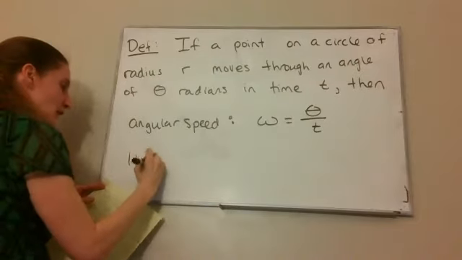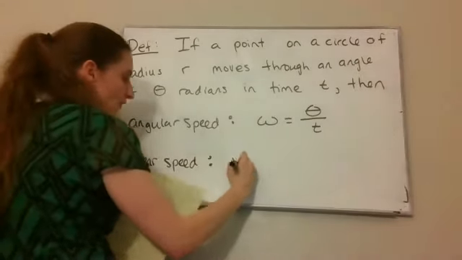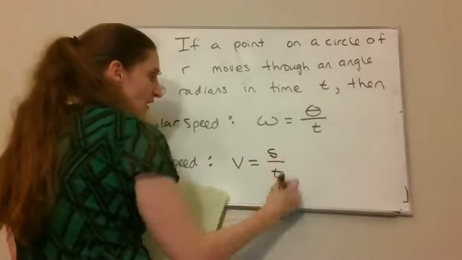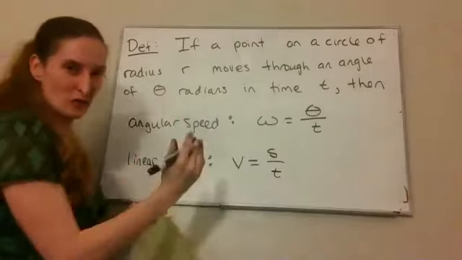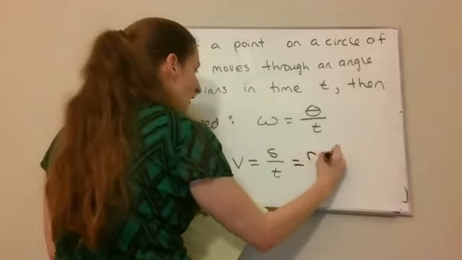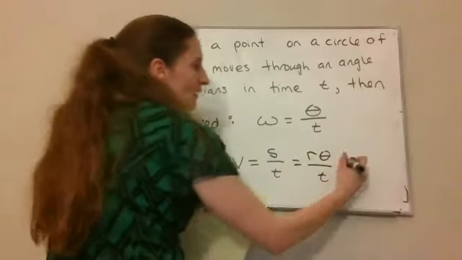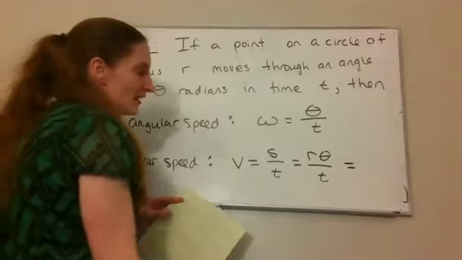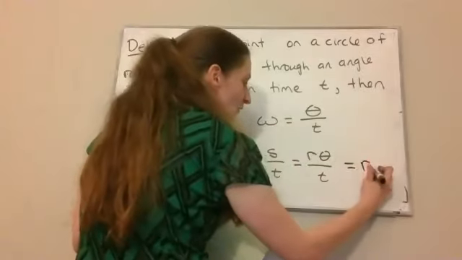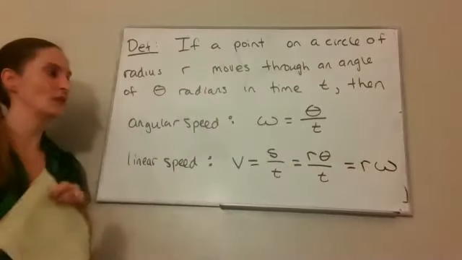And the linear speed is given by v equals s over t, where s is talking about the measure of the arc. So we know s is equal to r times theta over t. And then another way we can write this, using this omega is theta over t, our linear speed equals our radius times our angular speed.